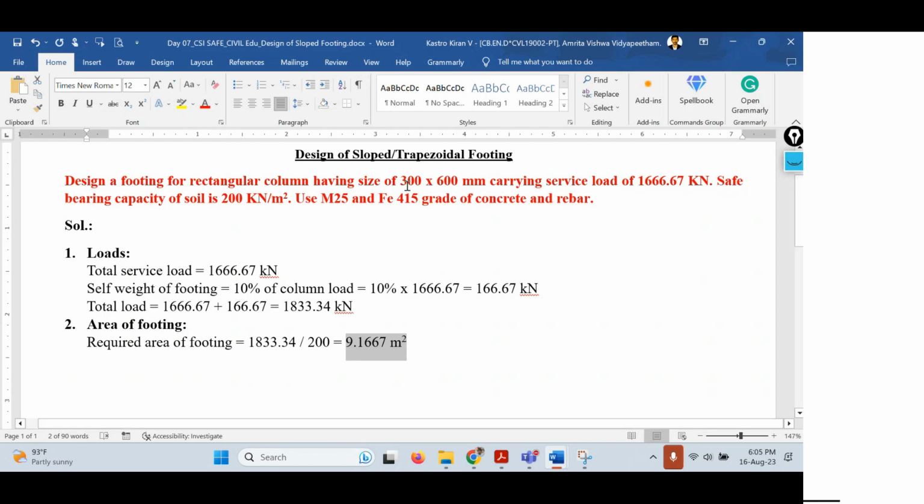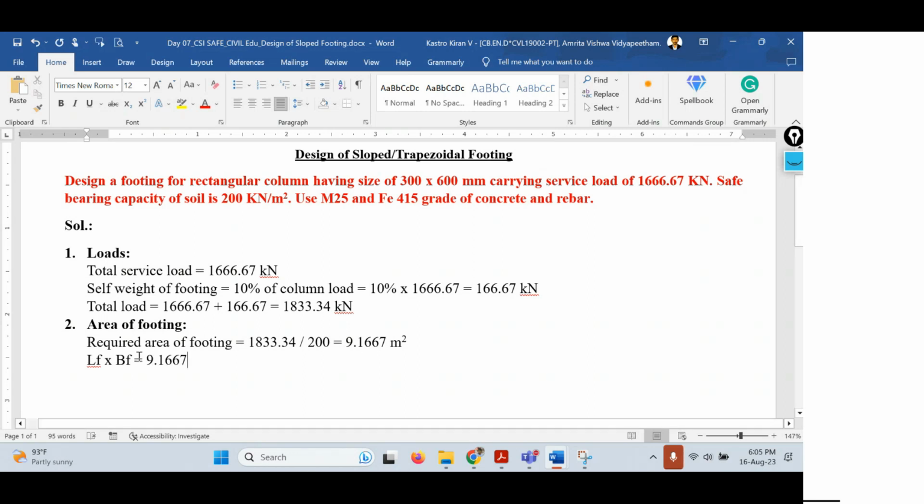By that thumb rule, it's a rectangular column, so we have to design the rectangular footing only. Let us find out the dimensions of length and width of the footing. We can write this as length of the footing times width of the footing equals 9.1667.